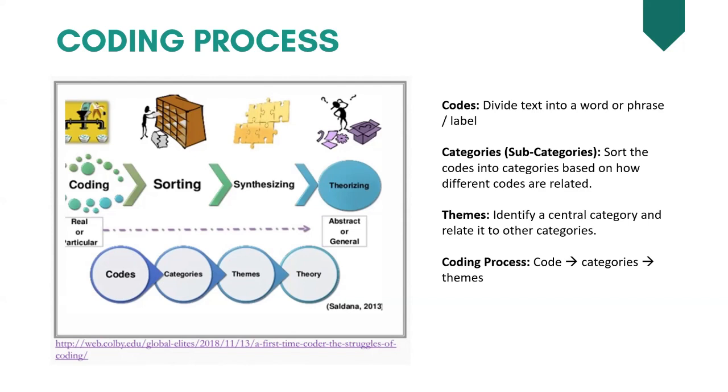So the process is a little bit cumbersome. It is time consuming, but it's all designed to enable us to analyze and talk about what the data has shown us, and then for us to theorize or to discuss what that really means.